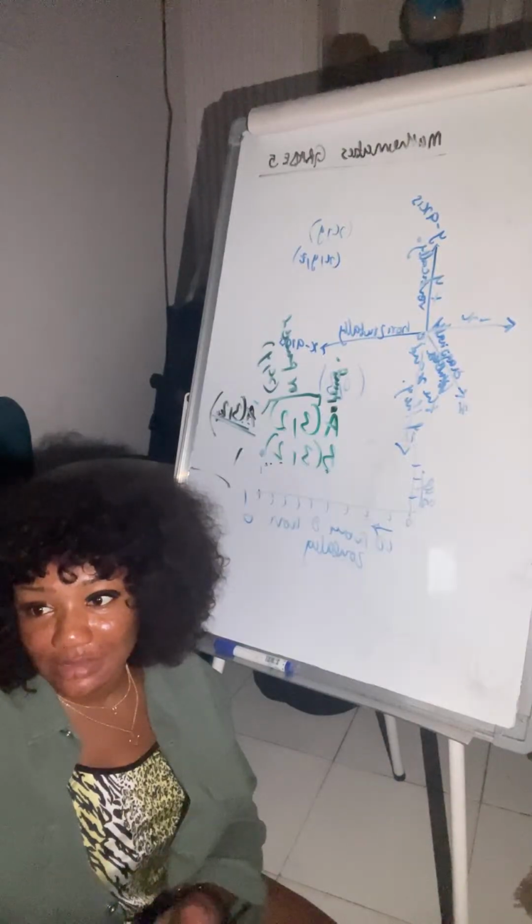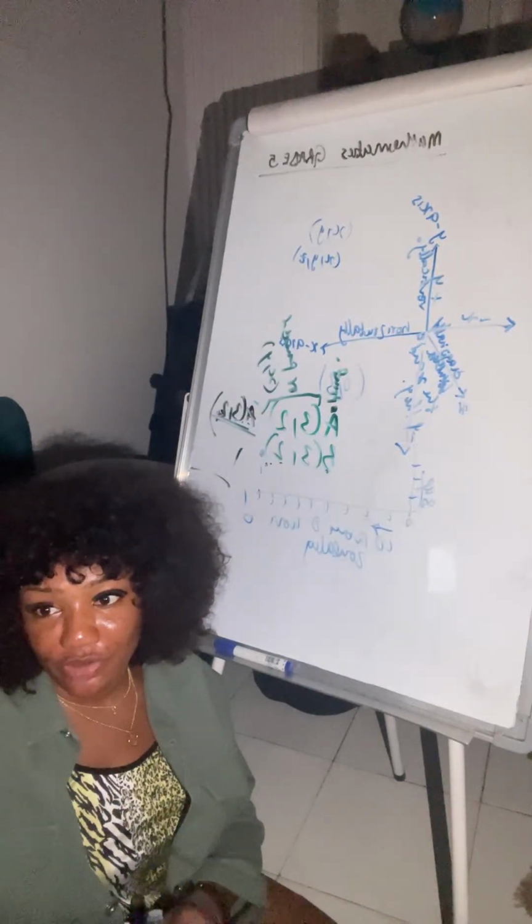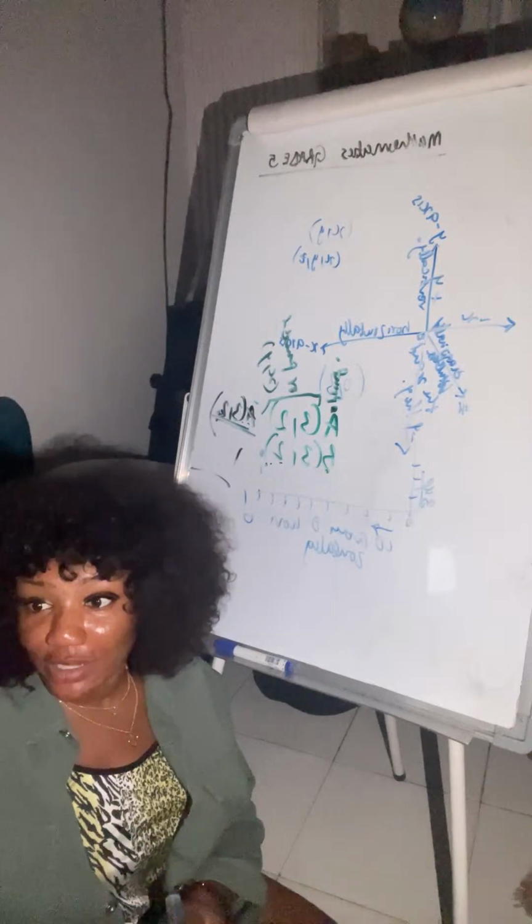Then now the last one said, plot the points on the grid on the right, label the point.